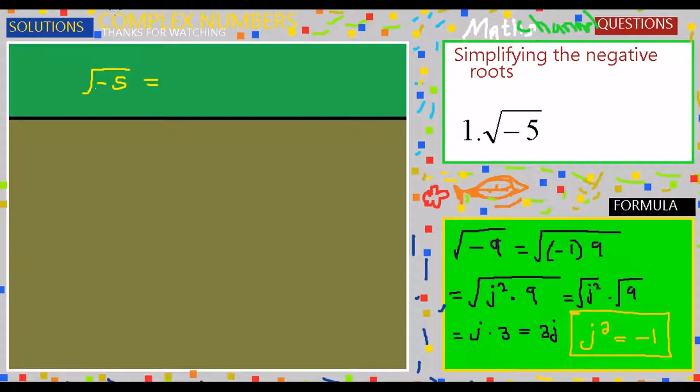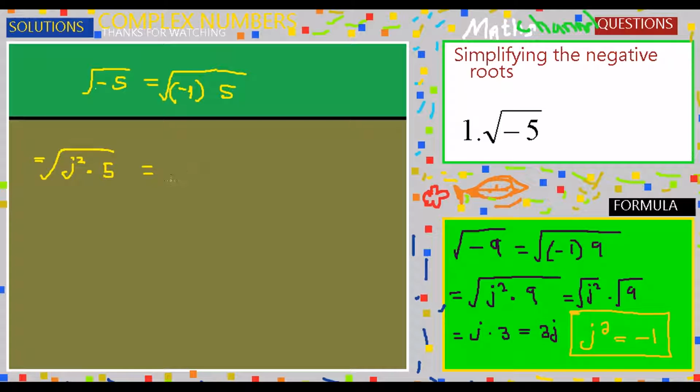As you can see, root 5 does not have a perfect square root, so that's what I mean. Changing this, we have negative 1 and then the 5 outside. Splitting this, first of all, changing the negative 1, you'll have j square multiplied by 5.